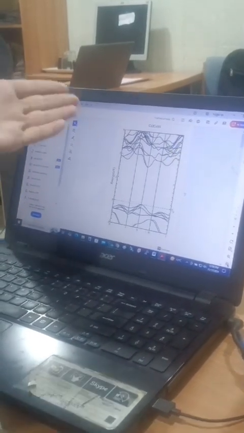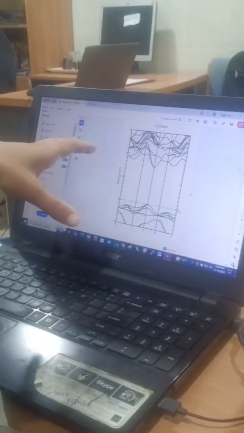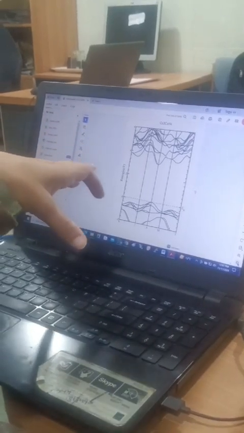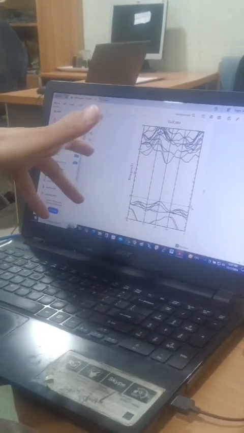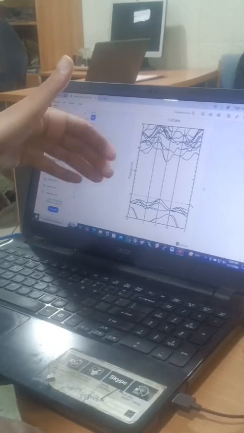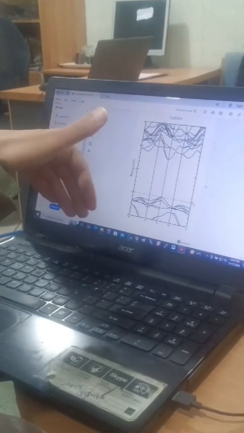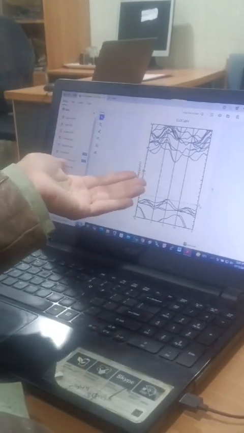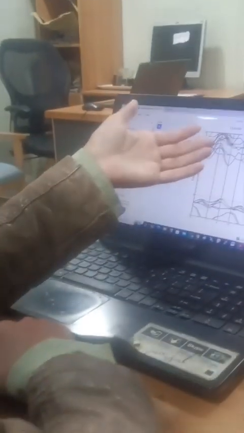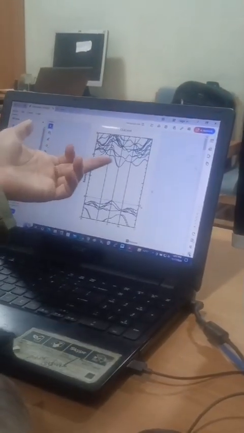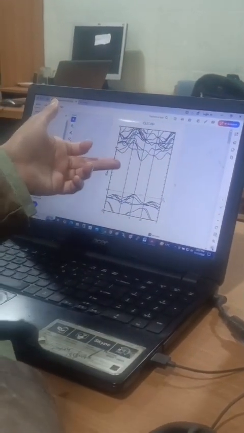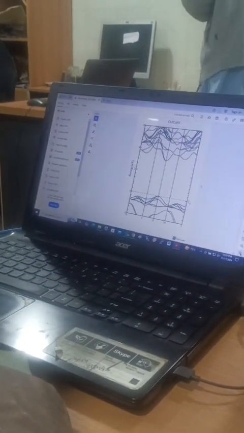To find the nature of the material, we can then see whether the band gap is direct or indirect. If the maximum of the valence band and the minimum of the conduction band lie at the same symmetric point, we can say the band gap is a direct band gap.